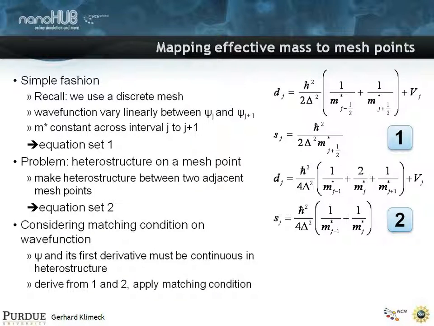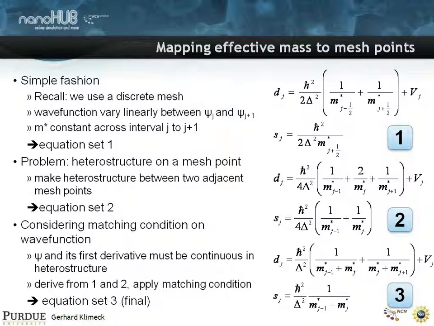And if you allow the effective mass to change, then you come up with yet a third scheme, and it's the third scheme you ought to be using. This one uses the atoms as the mesh points, and each material has its own effective mass, and you satisfy continuity of the wave function and continuity of the derivative of the wave function weighted by the mass.